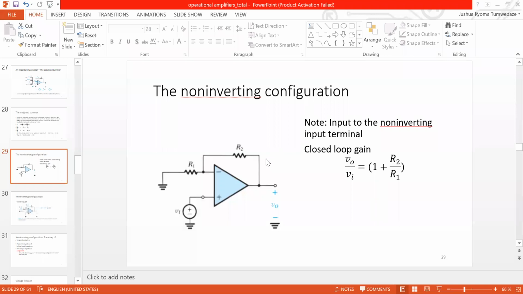So we again want to analyze this circuit in order to obtain the closed loop gain, denoted G, which is the ratio of output voltage to input voltage.